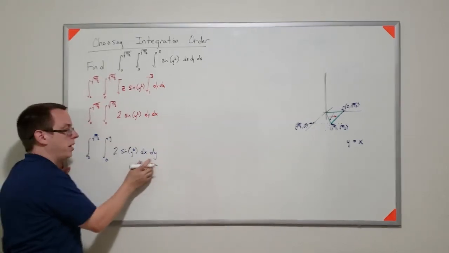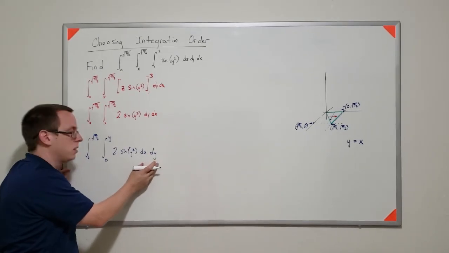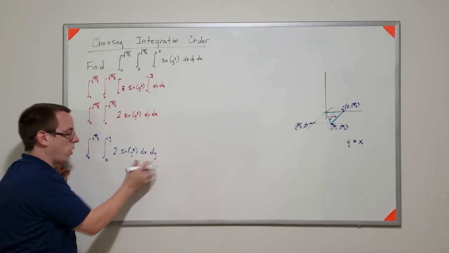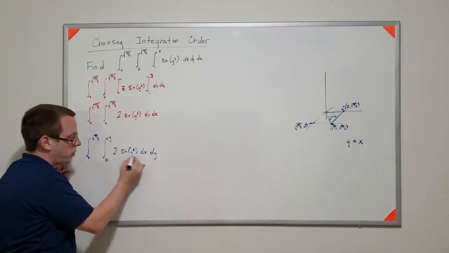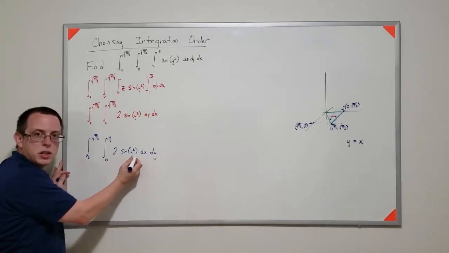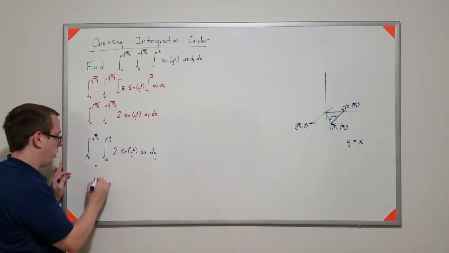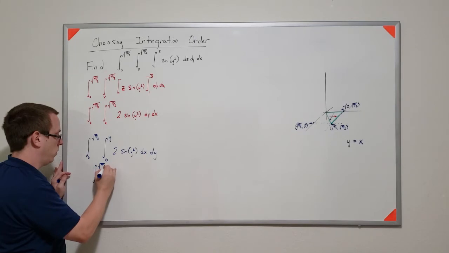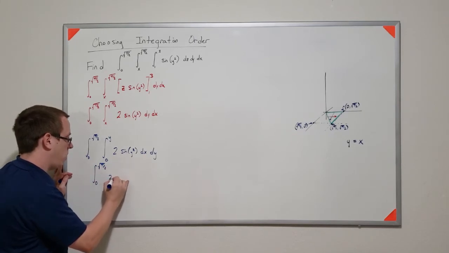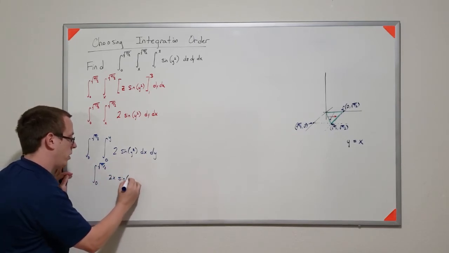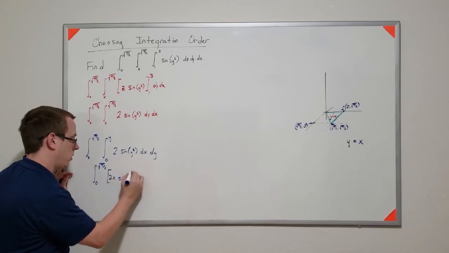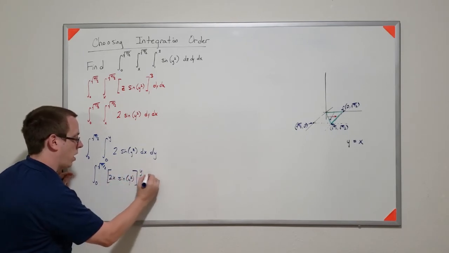It's the same idea, but now we swapped the limits, or we swapped the order of integration. But if you look at this piece, that's actually constant with respect to x. So when we take the antiderivative, we get 2x sine y squared from 0 to y dy.